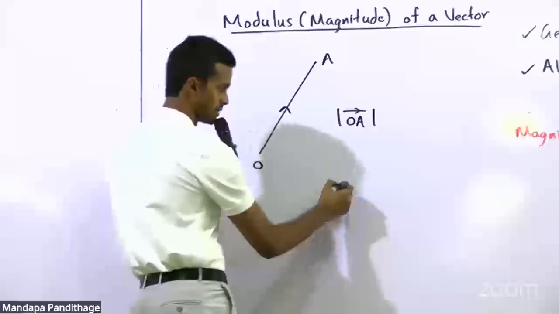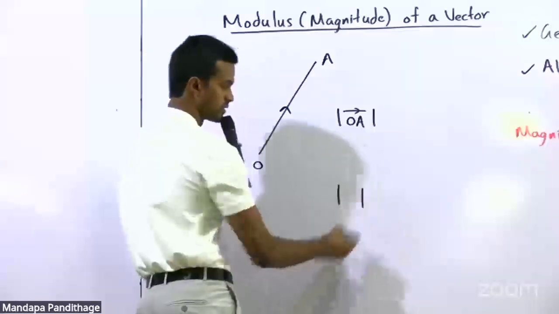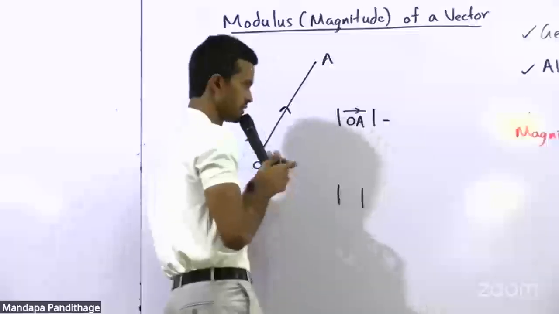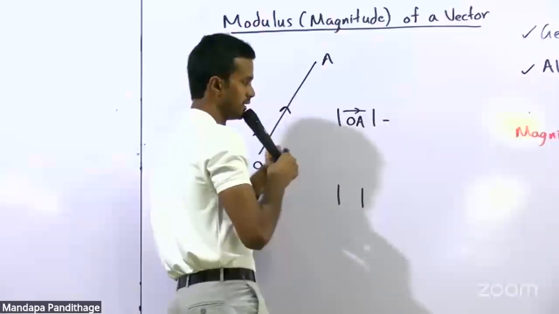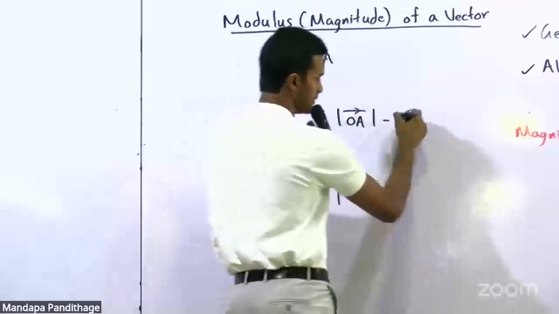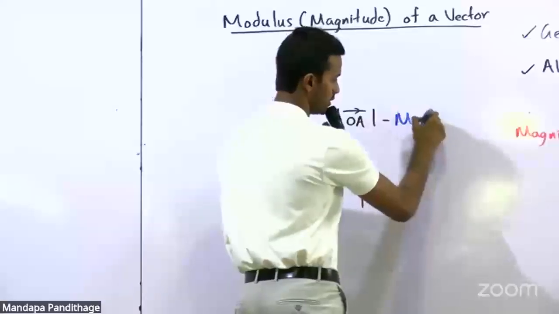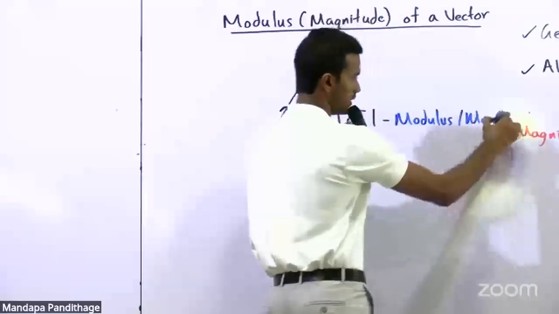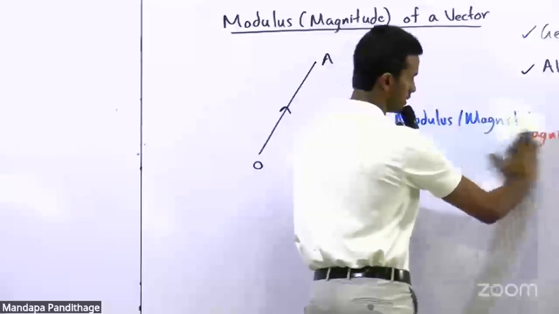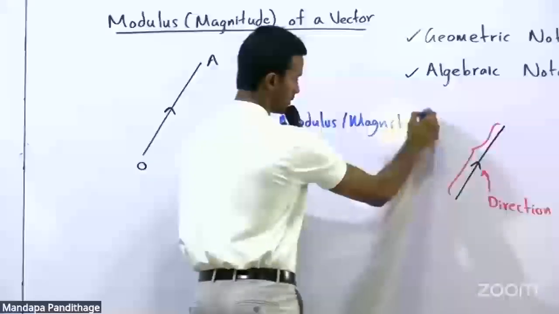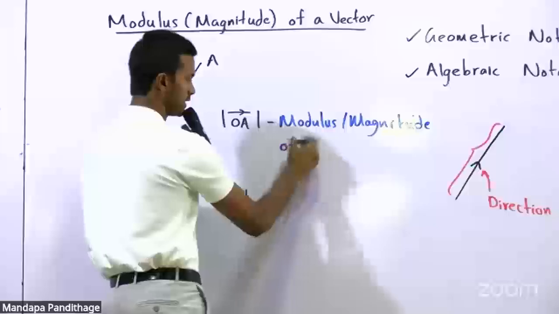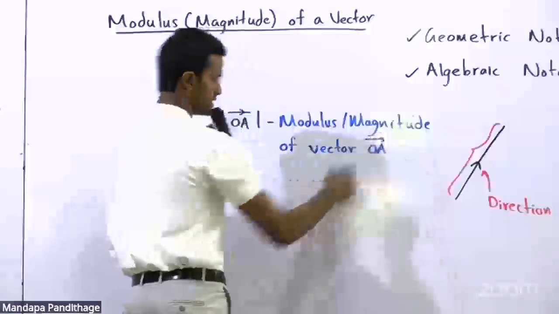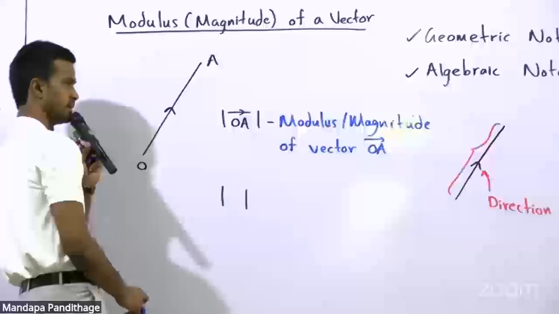So this is the modulus of vector OA. If you write this in this way, that means the modulus or the magnitude of vector OA. Clear?